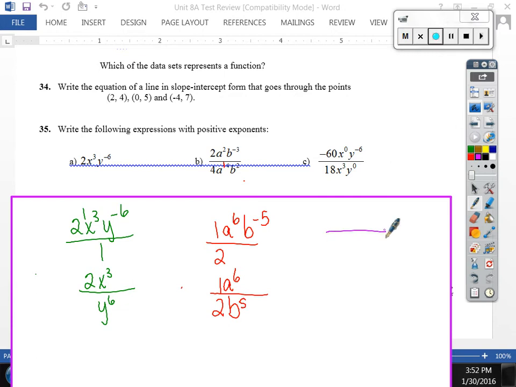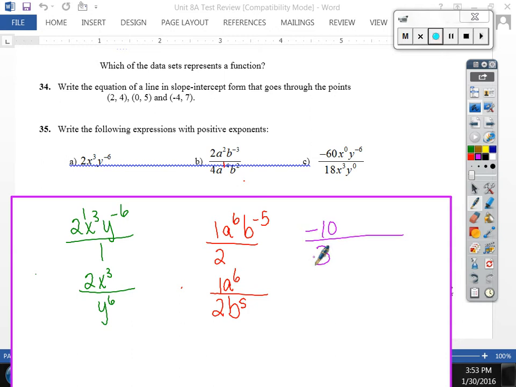For this one, negative 60 over 18 reduces to negative 10 over 3. 6 goes into 60 negative 10 times, and 6 goes into 18 3 times.